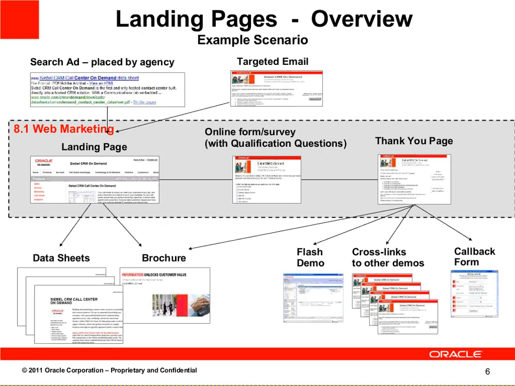We will go through the exercise of executing the campaign, filling out the survey, and finally, we will see how we can troubleshoot some of the problems that we may have during the landing page deployment.